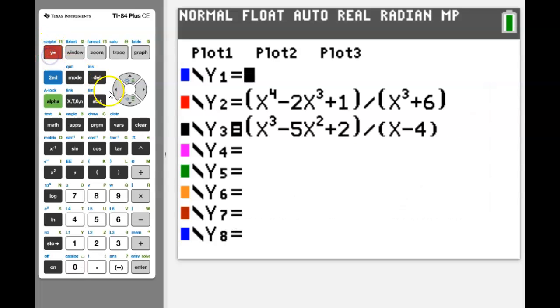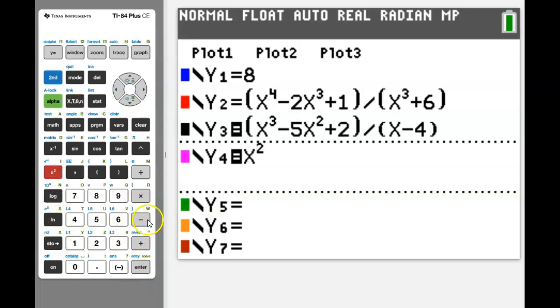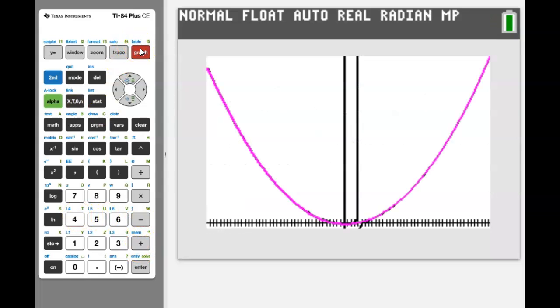What did we get for the end behavior? x squared minus x minus 4. Guess what? Is that exactly what it looks like, except for some garbage going on in the middle? Okay, we had to zoom way out.